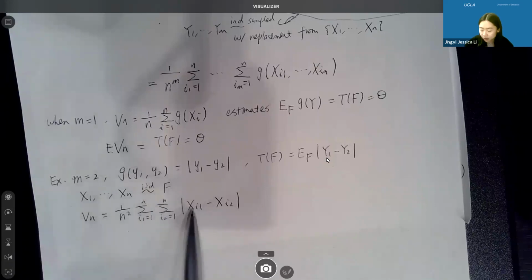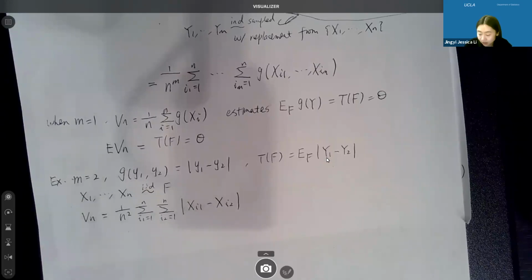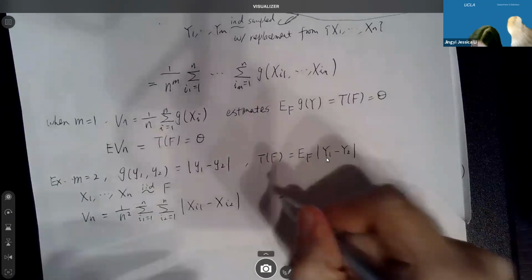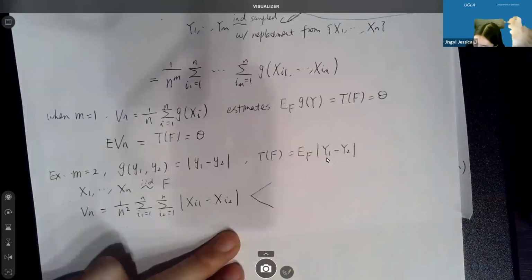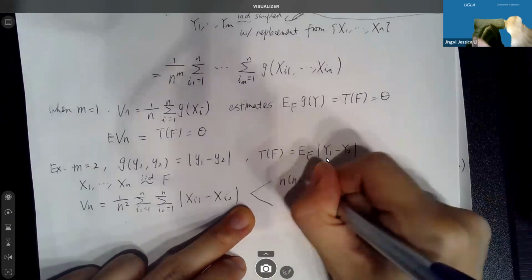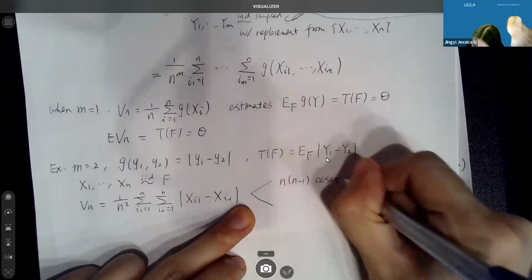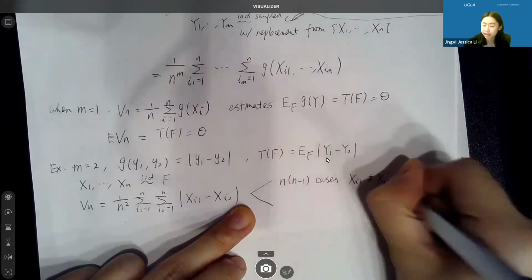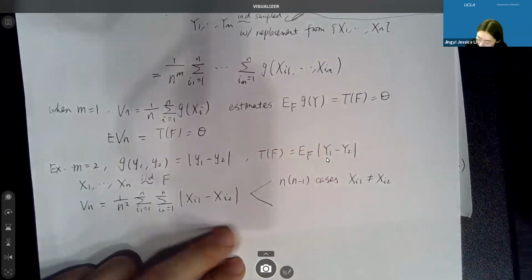For example, x_i1 is x1 and x_i2 is x2, versus x_i1 is x2 and x_i2 is x1. I consider them to be two cases instead of one. So the number of possibilities is n times n minus 1. So in this summation, for n times n minus 1 cases, x_i1 doesn't equal x_i2.